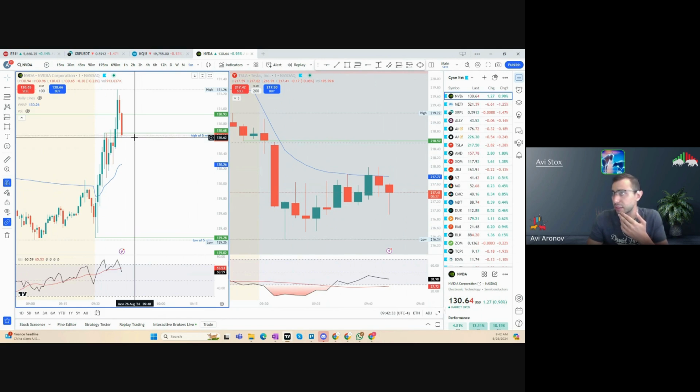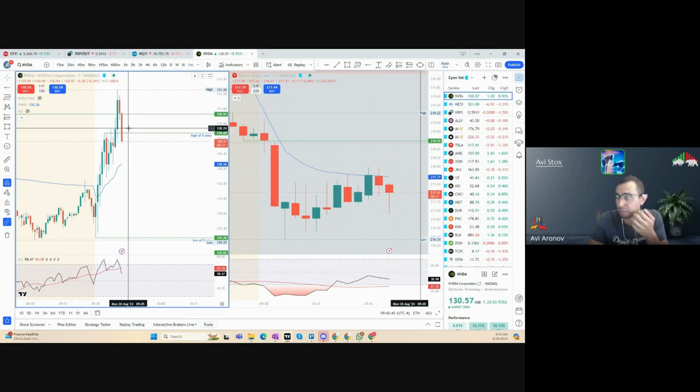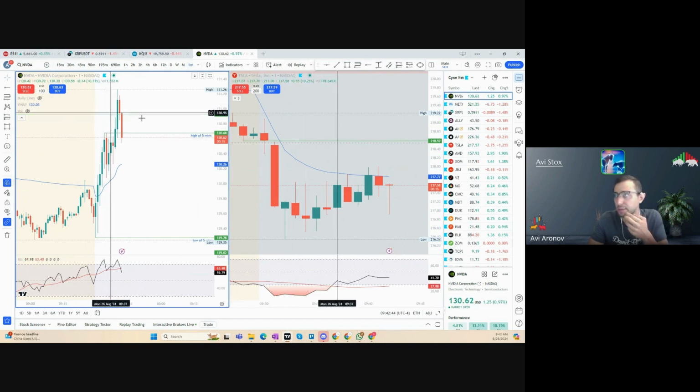Very interesting. If I can enter, let's say here, no, you see? I thought to enter at this retest of the 5 minutes and put my stop loss here, but there is pressure to the downside.